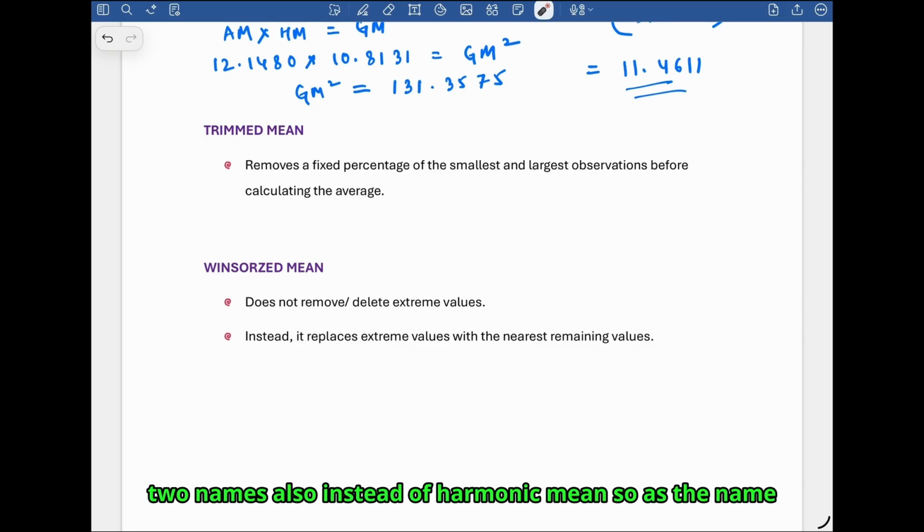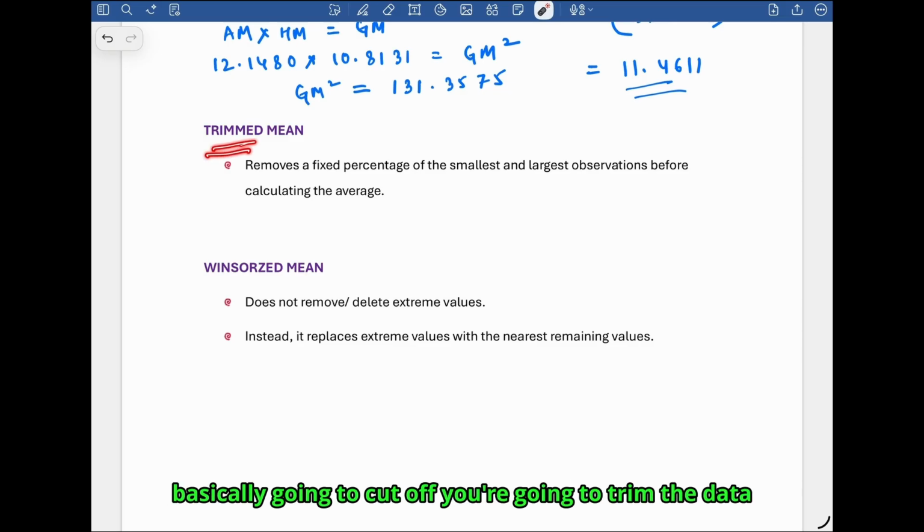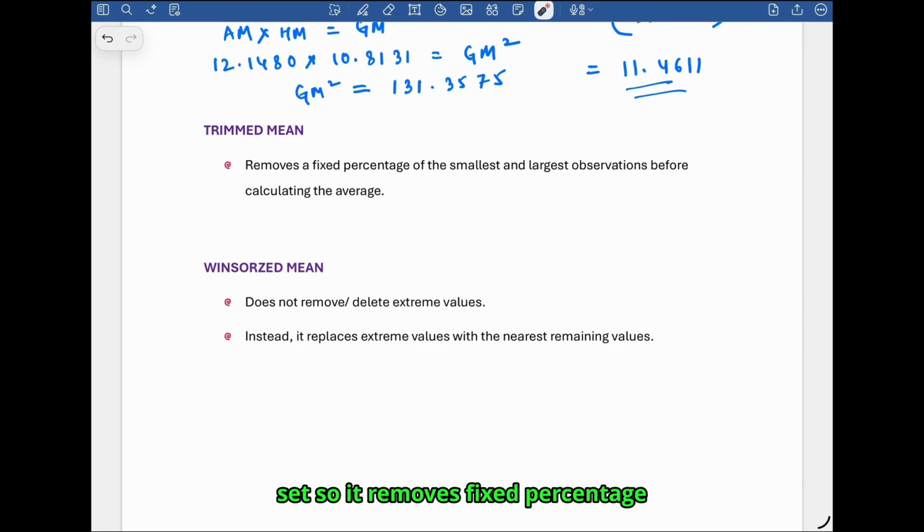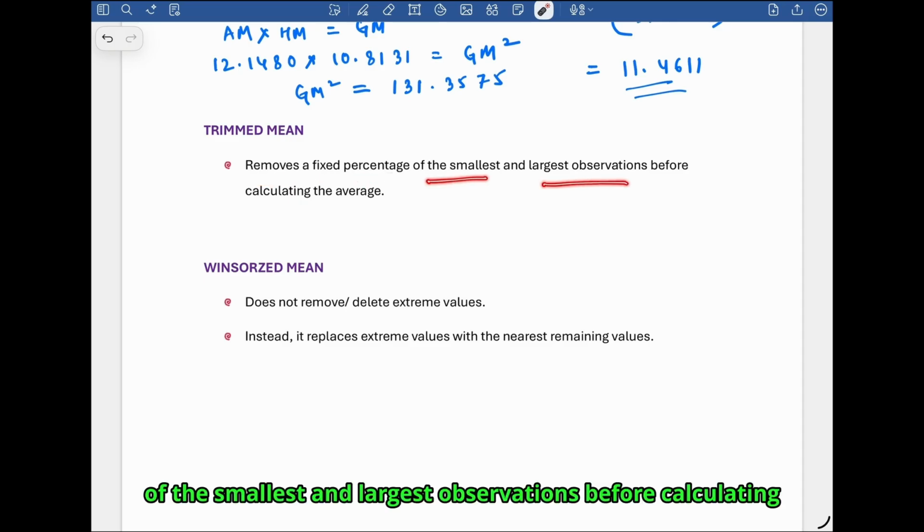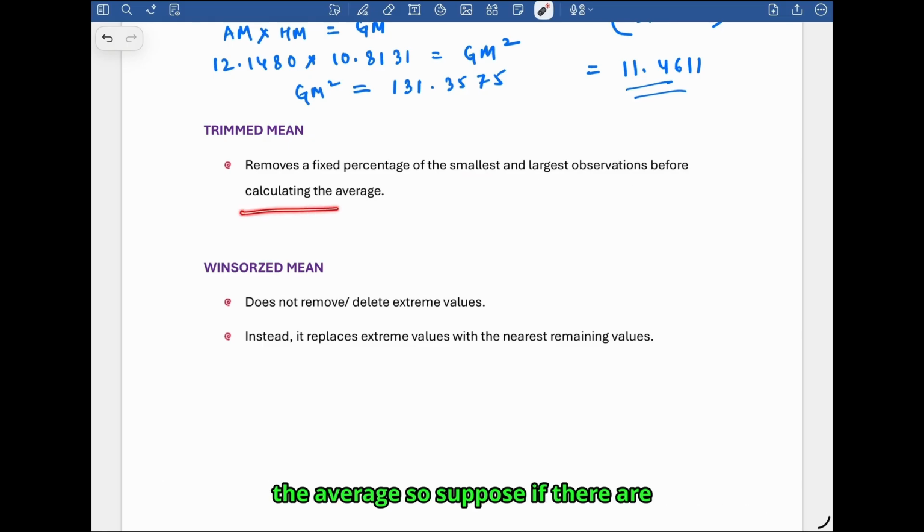So as the name suggests, the first one, trimmed. You're basically going to cut off, you're going to trim the data set. So it removes a fixed percentage of the smallest and largest observations before calculating the average.